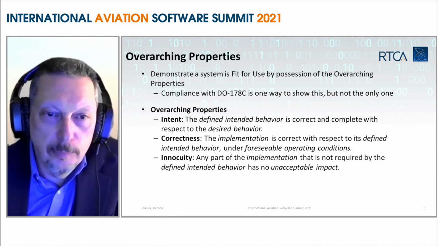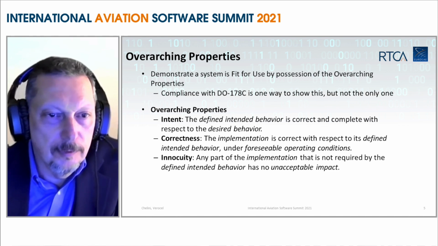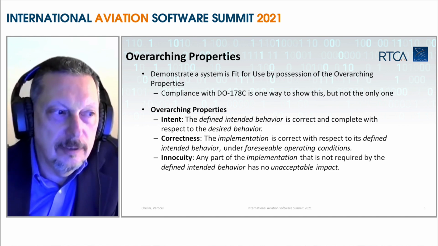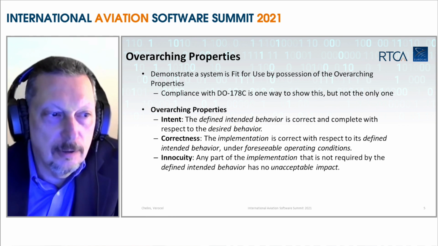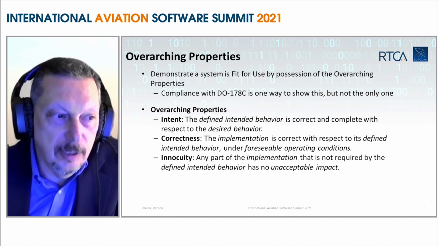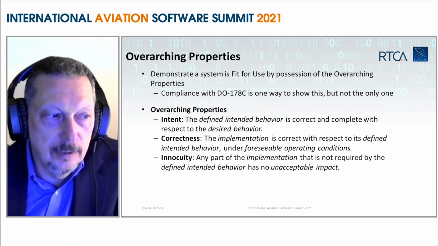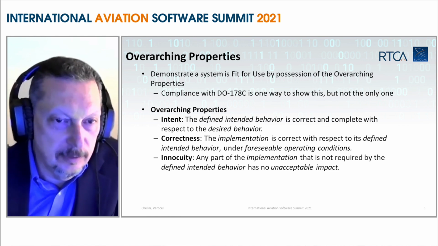So the overarching properties at the highest level are three properties. Intent: the defined intended behavior is correct and complete with respect to the desired behavior. Correctness: the implementation is correct with respect to its defined intended behavior under foreseeable operating conditions.